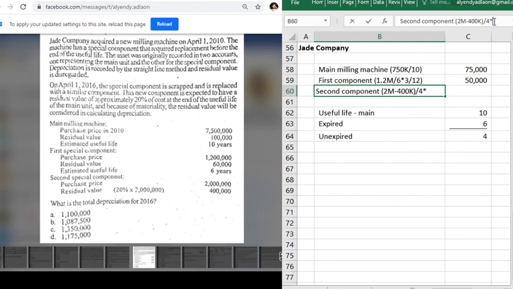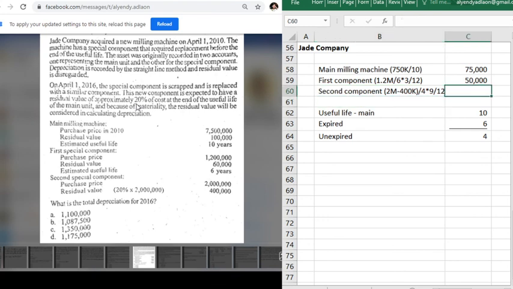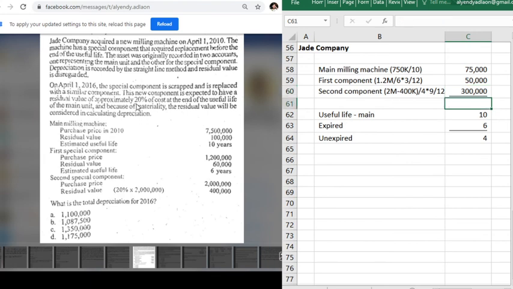And then, since the second component was purchased on April 1, for 2016 it will not be 12 months but rather 9 months only. April 1 to December 31, that is only 9 months. Now, to compute the depreciation of the second component, we have 2 million minus 400,000, that is 1,600,000 divided by 4 and multiplied by 9 over 12. So we have 300,000 as its depreciation.